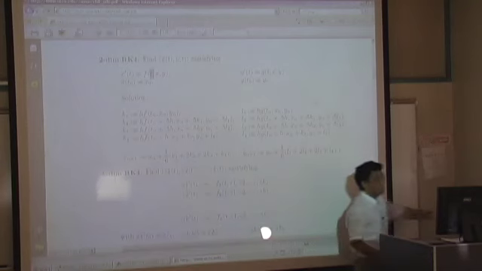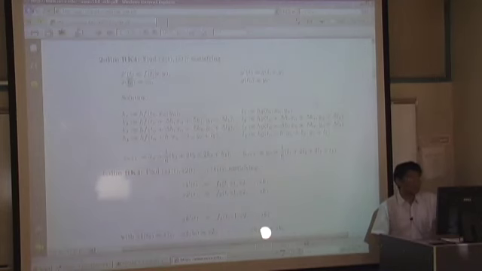So let's assume that time 0 gives us the initial position of x and y. Then what should you do? You determine k1 using this, and then you should not determine k2 directly. Why? After determining k1, you should determine L1, which is the counterpart of this k1.